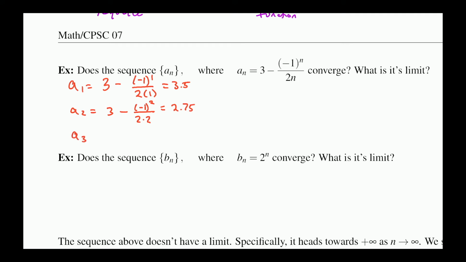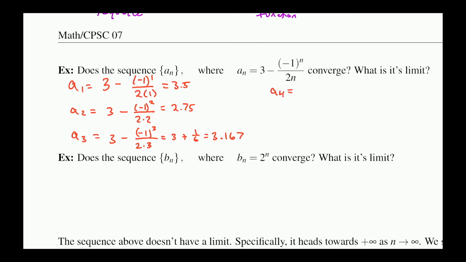I'm not actually using the calculator that I got. A3. A3 is 3 minus negative 1 to the 3 over 2 times 3. Now I'm going to need it, because that's going to be 3 plus 1/6, which is about 3.167.